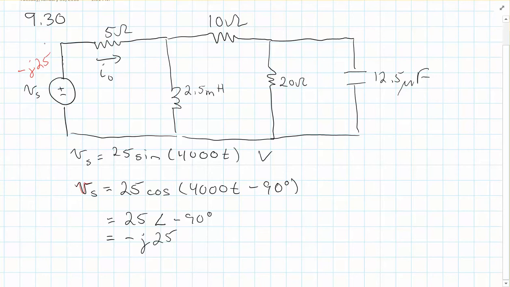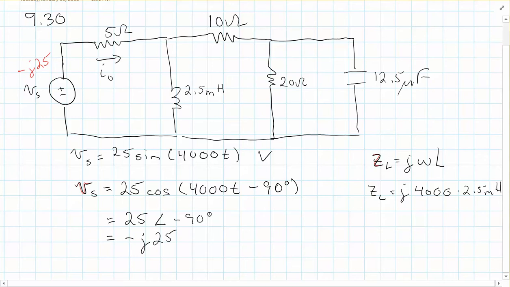Alright, because I'm going to erase some of this so that we can keep the circuit here as we start writing equations. But the next thing we need to do, of course, is we need the impedance of each of these components. And so for the inductor, my impedance is, of course, equal to j omega L, which in this problem would be j, omega is 4000, and then L is 2.5 millihenries.